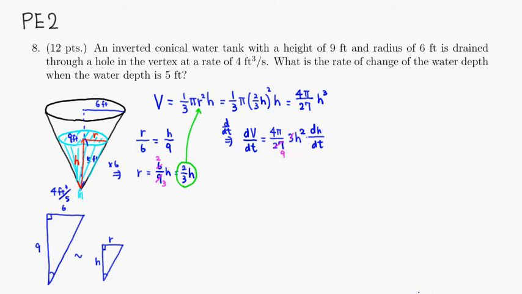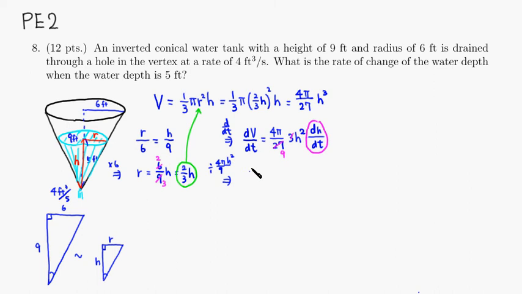Since we're looking for dh over dt, I'm going to solve for this. I'm going to divide through by 4 pi h squared over 9.